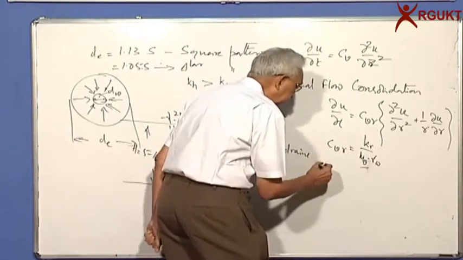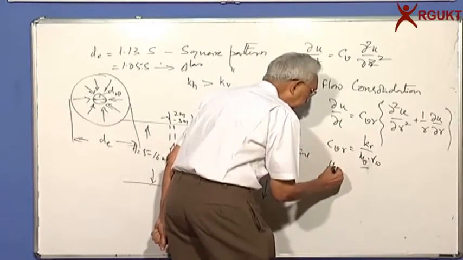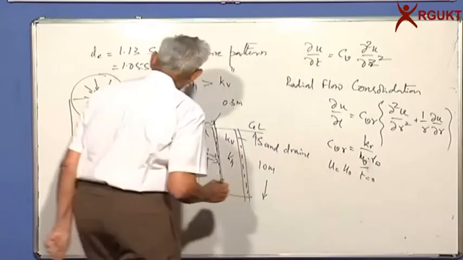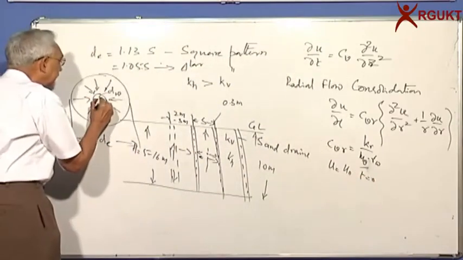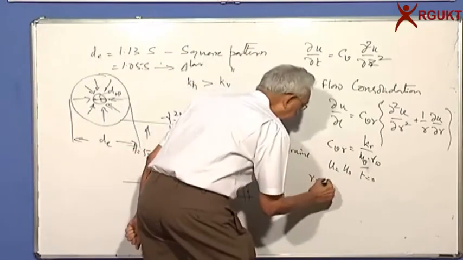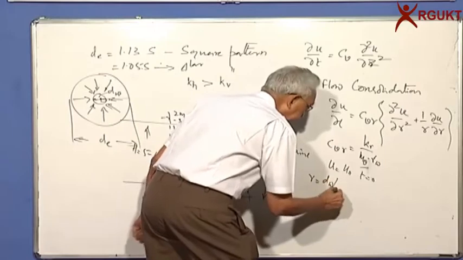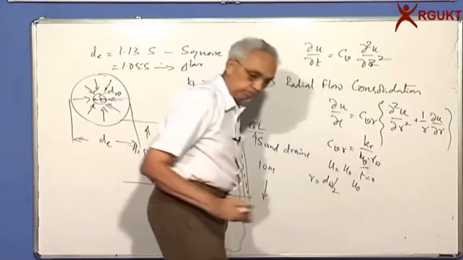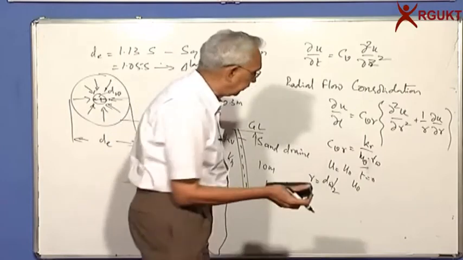What are the initial and boundary conditions? U is equal to U naught at T is equal to 0. And here, if I take the radius R equal to dW by 2, that is the radius of the well, U is 0. It is pervious.